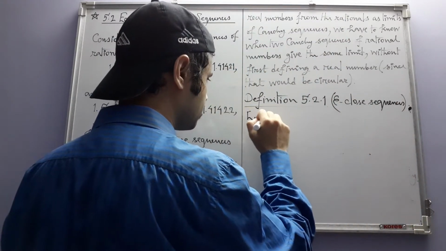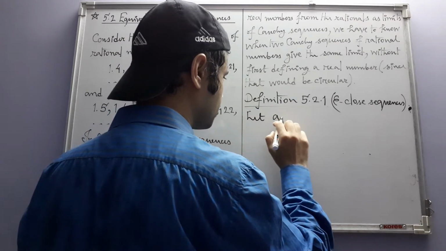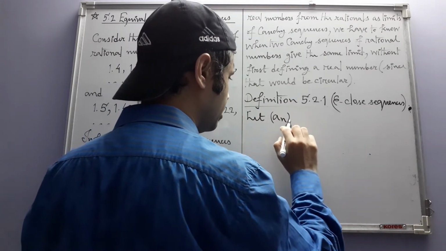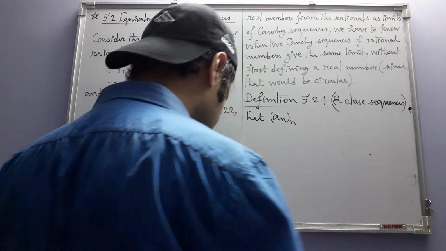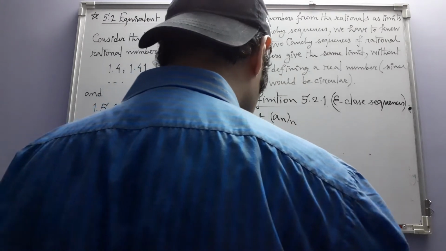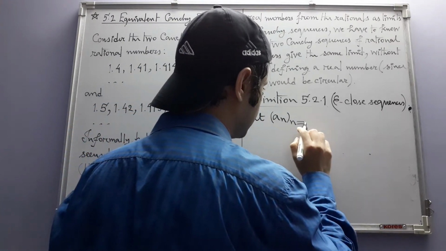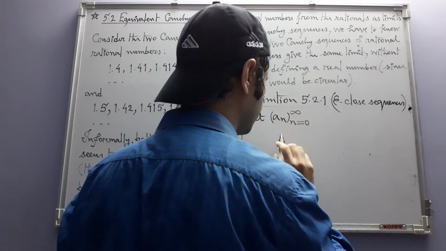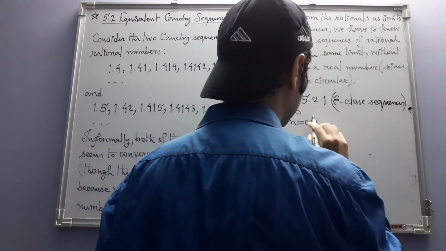Let a_n, n starting, we can actually start n from any integer, but let's just start it from 0. That's the way it's given in the text.